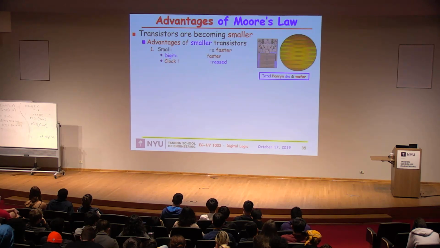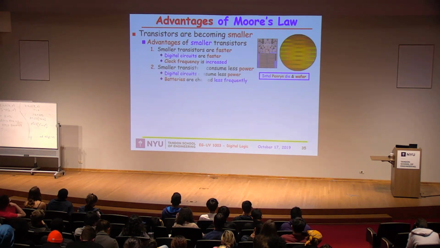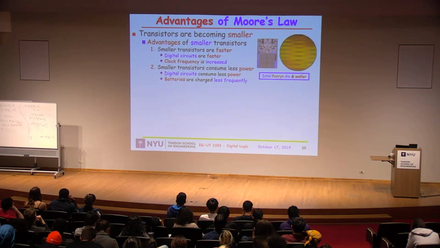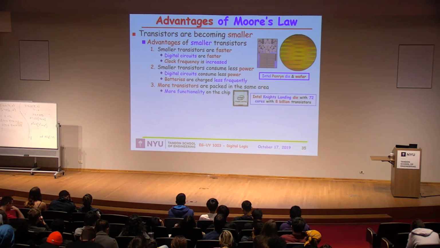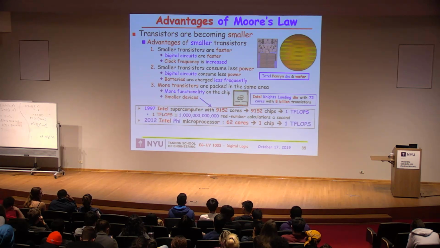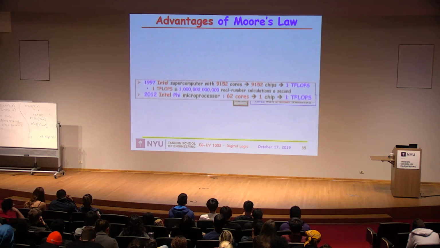So with smaller transistors, everyone, you have faster transistors because of pure electronics and physics. Also, they consume less power, so you can have your device working such that you don't need to connect it to the outlet often. And finally, with more transistors, you have more functionality on the chip, or you have smaller devices. So this is an interesting example.